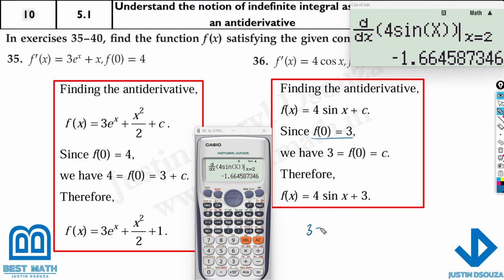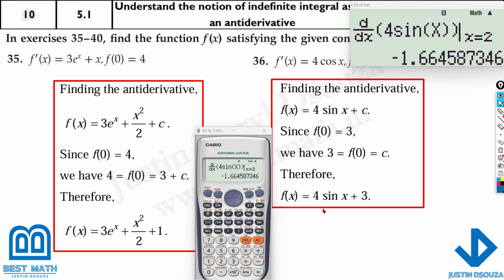So here it will be 3 equals 4 sine, what is the x value? It's 0. Now how would we solve it? What is sine 0? Okay, this is plus c. I forgot that. Sine 0 is 0. So it's 0 plus c is equal to 3. So 3 is equal to c. This is the correct answer. So the c value is 3. That's why we added 3 here.